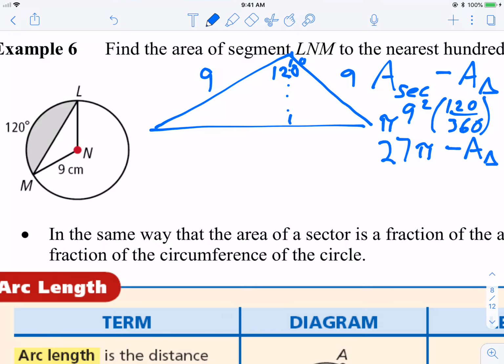Let's bring down this vertical segment so that we know that it's perpendicular to the base of this triangle, which is serving as the chord. Because we know to find the area of this triangle, we need 1/2 the base length times the height. And let me write that over here.